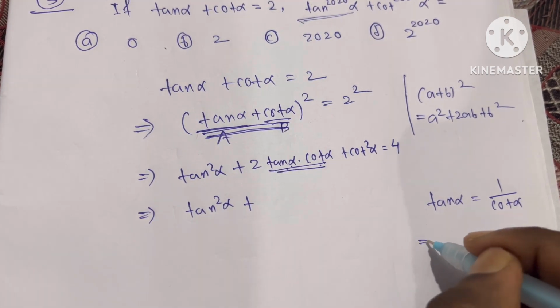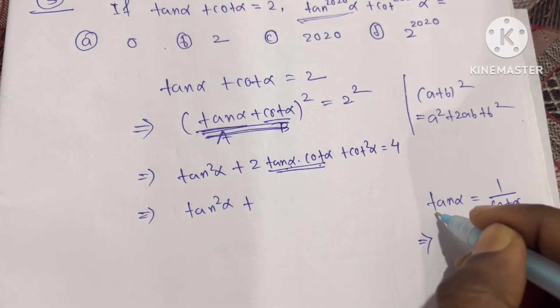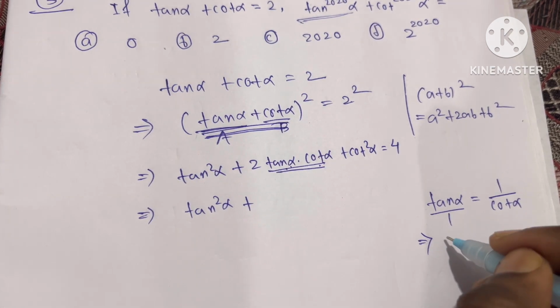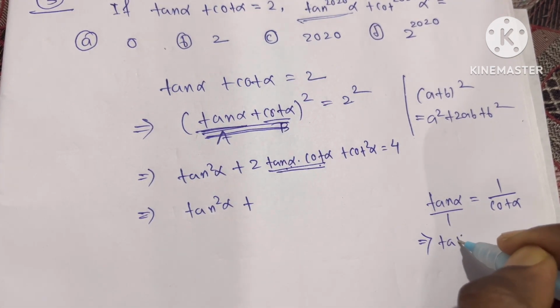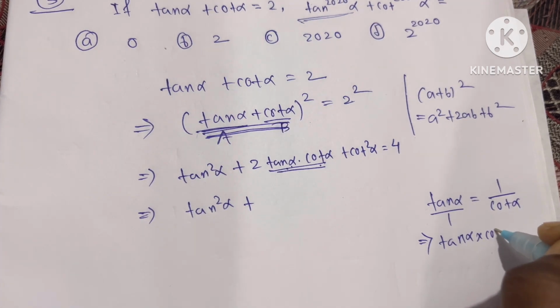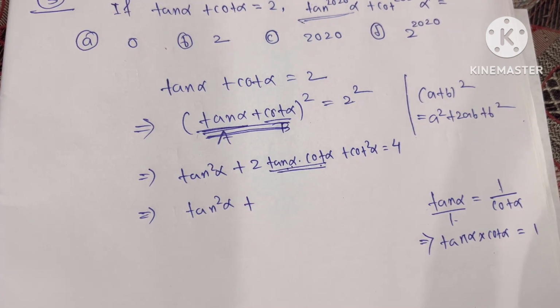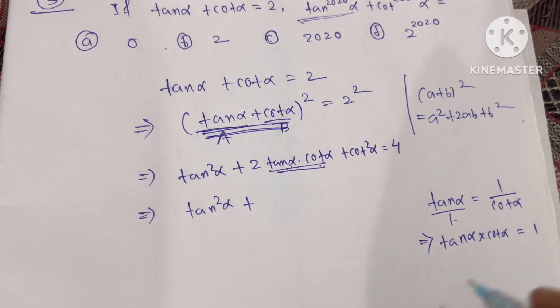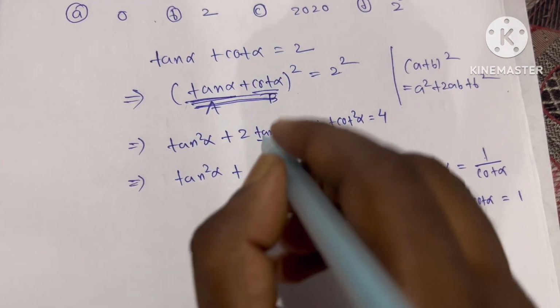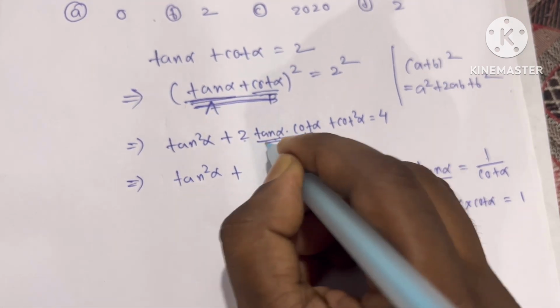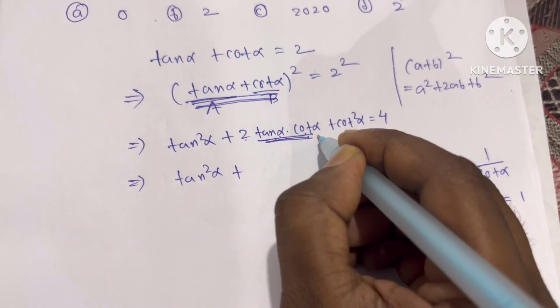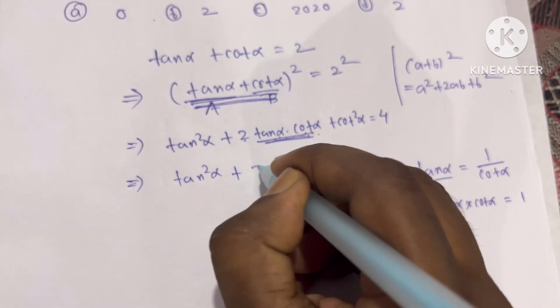If you cross multiply, you get tan alpha into cot alpha is equal to 1. If you multiply a number with its reciprocal, the answer is always 1. So 2 into 1, the value of tan alpha into cot alpha being 1, the answer will be 2.